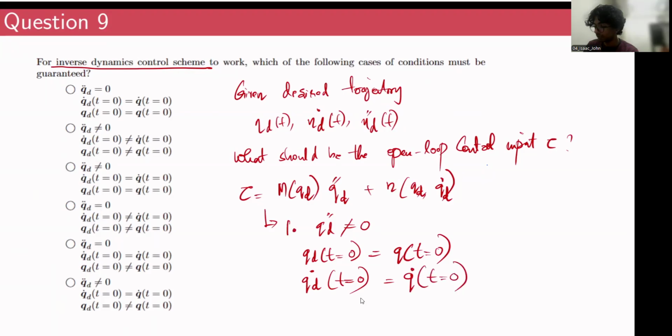So now we have three conditions over here, out of which I believe the answer is option C.